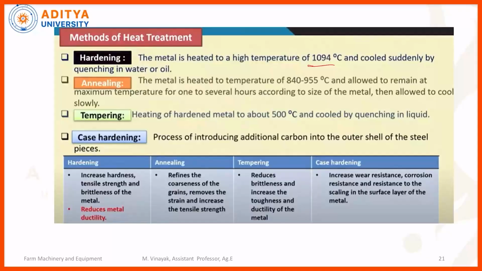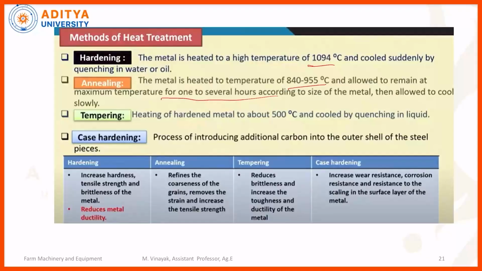Next is the annealing process. The metal is heated to a temperature of 840 to 955 degrees Celsius and maintained at maximum temperature for one to several hours according to the size of the metal, then allowed to cool slowly. In the hardening process, after reaching 1094 degrees Celsius, we take the material and pour it into oil or water.